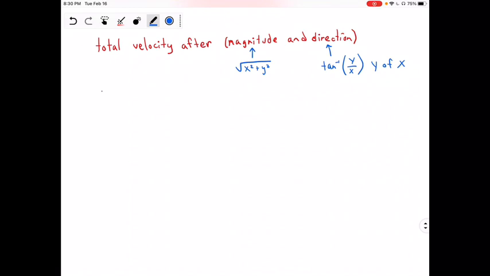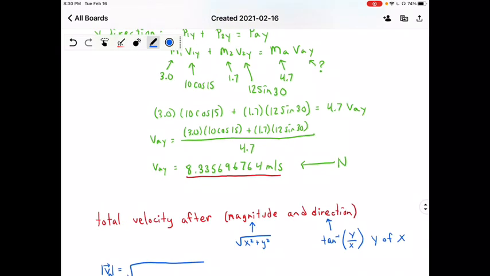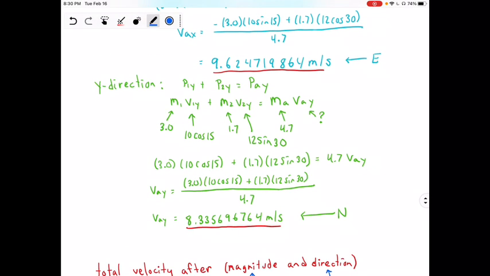So we have the magnitude of the velocity after, and you'll notice I put it in absolute value signs. Absolute value signs for a vector means magnitude or just the number part. And I'm not going to handwrite in all my decimal places because it's a lot. You can go back up in your calculator and just grab those numbers if you have one of those calculators that allows you to scroll through the numbers.